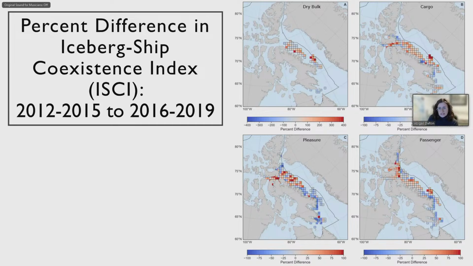Coexistence, again, increased along the coast of Baffin Island and into Lancaster Sound, with coexistence moving northward into Nares Strait, for both pleasure and passenger vessels, again, which typically have less ice strengthening than other types of ships.